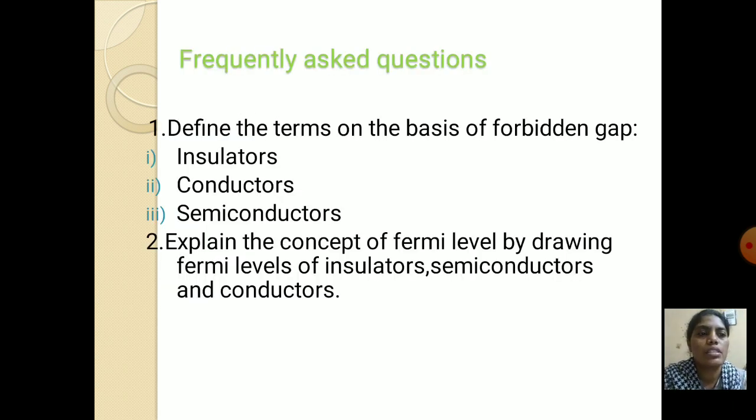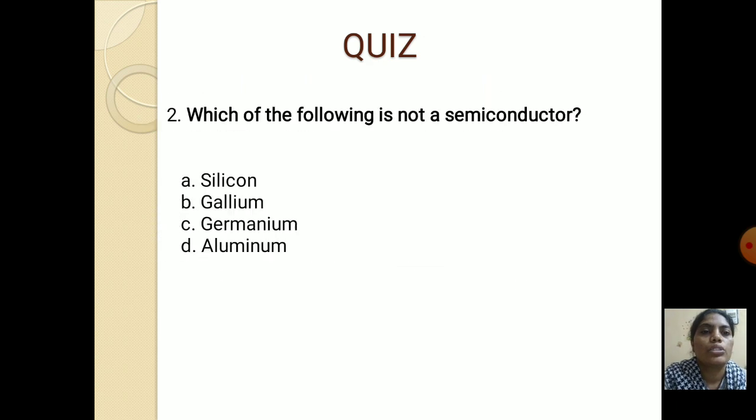Frequently asked questions on the topics we discussed here: you may get a question to define the terms on the basis of forbidden gap. So we need to define insulators, conductors and semiconductors. You may also get a question to explain the concept of Fermi level by drawing Fermi levels of insulators, semiconductors and conductors.